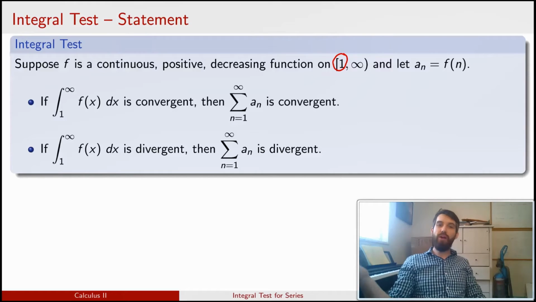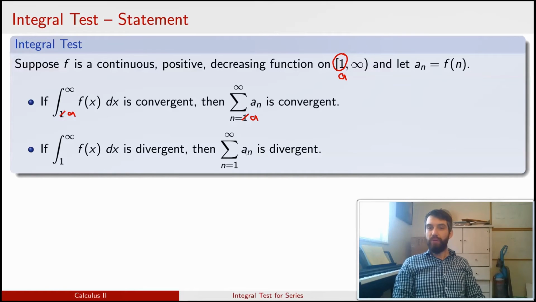If it bounces around and isn't well behaved for the first 100 terms or first million terms, it doesn't really matter. So we could, for instance, start this at some value of a, and then our integral would start at a, and our sum would start at, maybe not a exactly, but at least some integer around a.